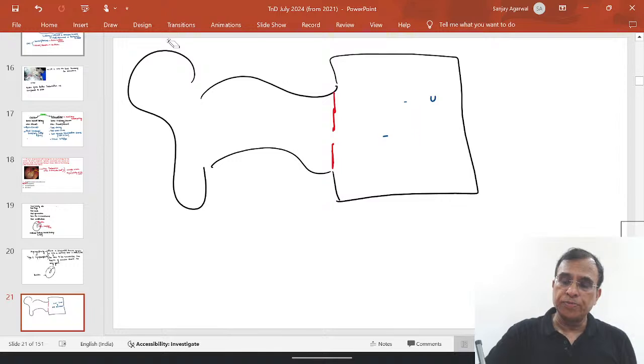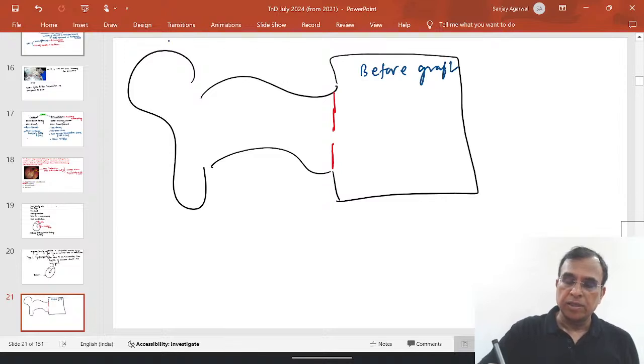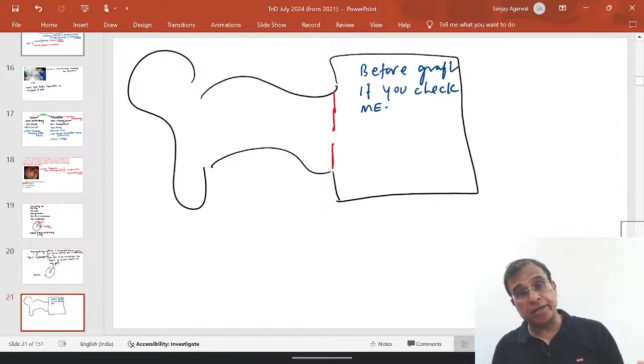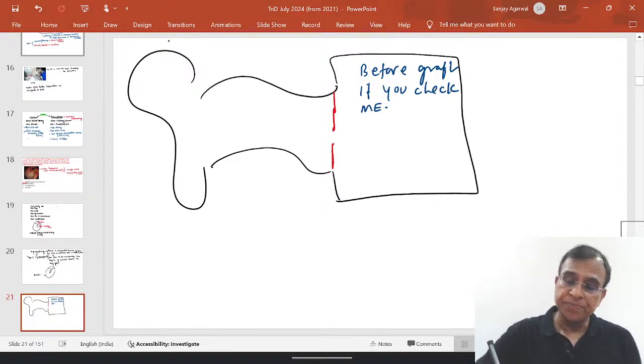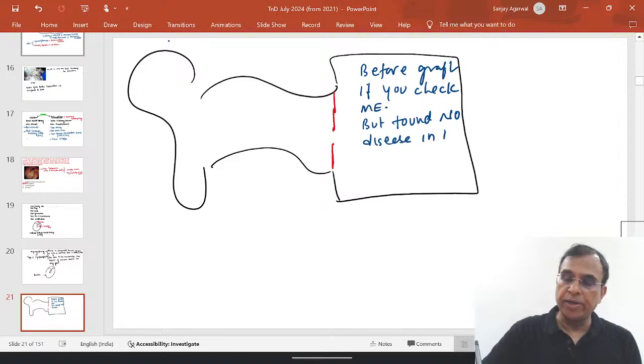So what you do, before putting graft, if you check the middle ear, you have checked it, now the surgery is not called myringoplasty, but you found no disease in the middle ear.